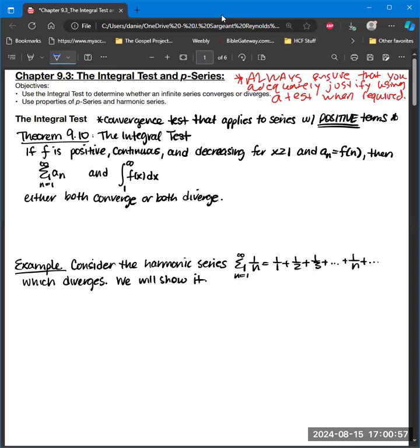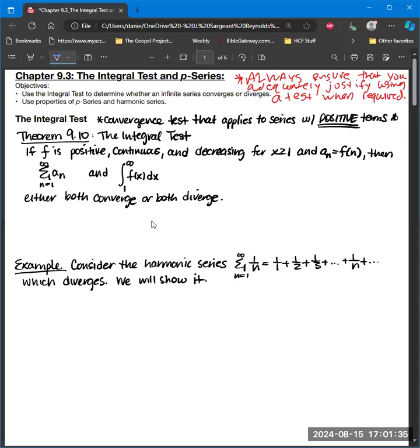You're going to see now why we spent so much time talking about integration in the second big topic of calculus before we got to this, because of the integral test, because of the relationship between infinite series and integrals. We already knew about that relationship with Riemann sums, and we're going to take advantage of that to tell whether an infinite series converges or diverges by looking at the related integral and saying that they're going to have the same behavior.